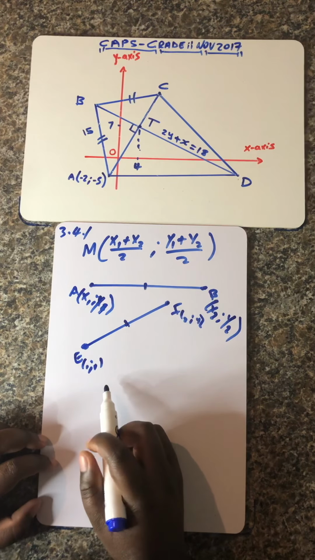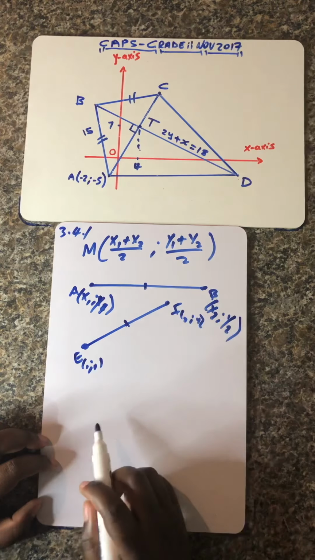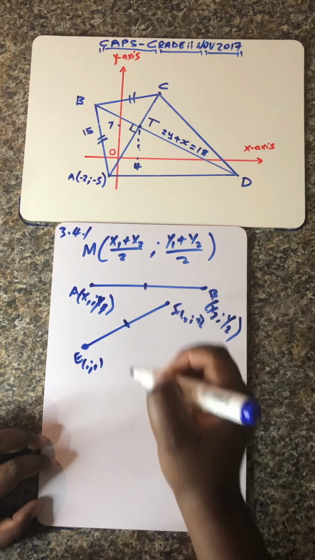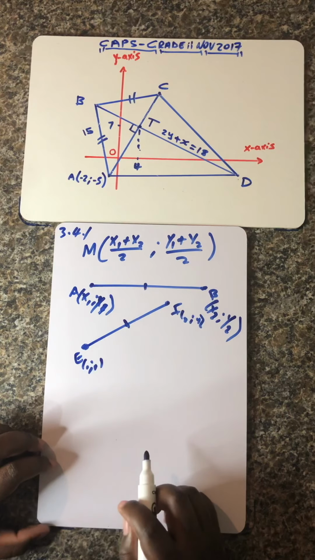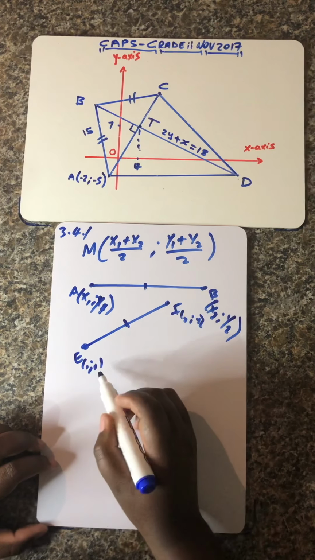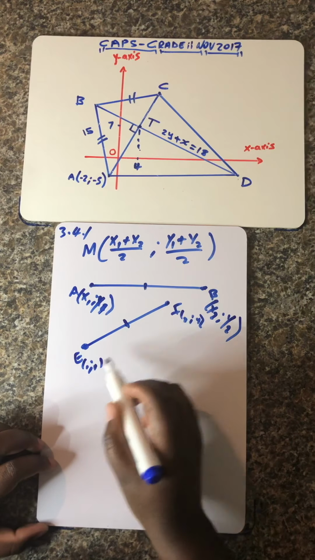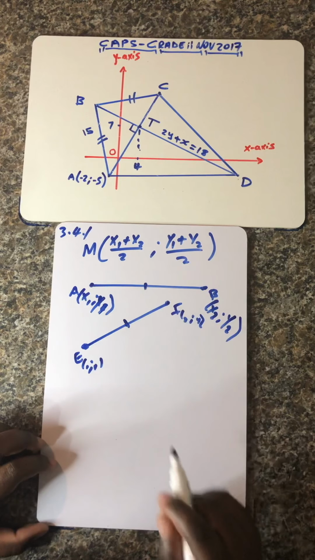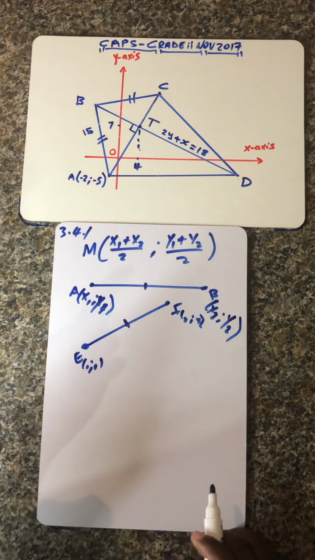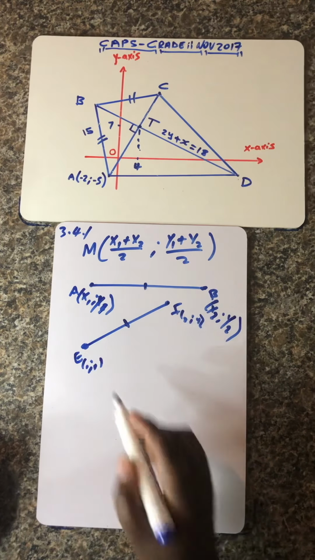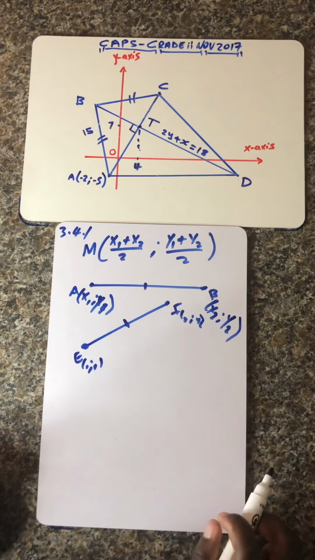In that way, you divide them by 2. That's when you're going to get the x value at that point. So in terms of the y values, you just do the same. You add y1 plus y2, you divide them by 2, then that's where you'll be able to get the y value at the midpoint of these two points.